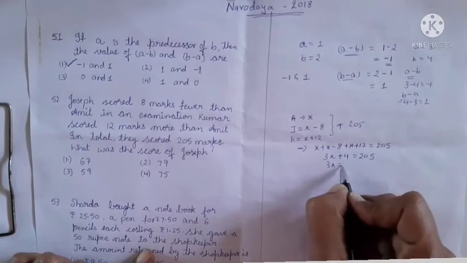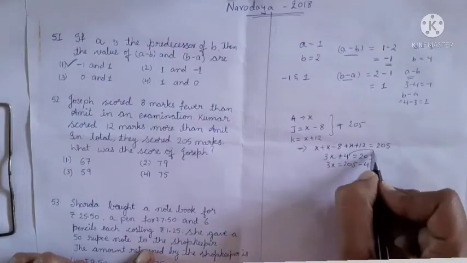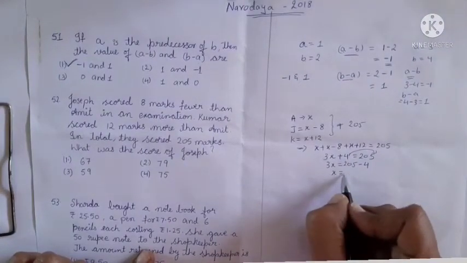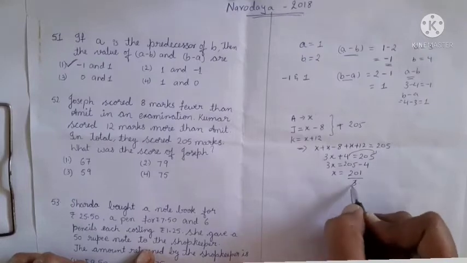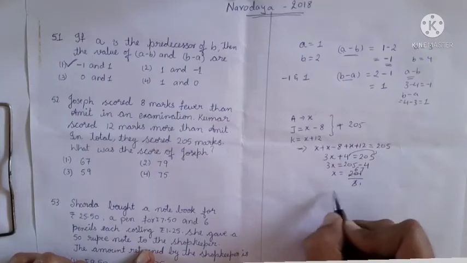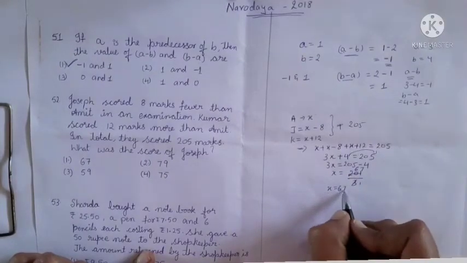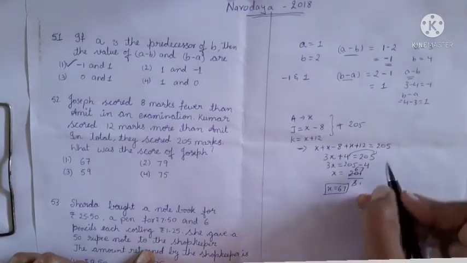So 3X is equal to 205 minus 4. By the transposing method, X is equal to 201 divided by 3. Simplify this: 3 sixes are 18, 3 sevens are 21. The X value is 67, children. This is not the score of Joseph.